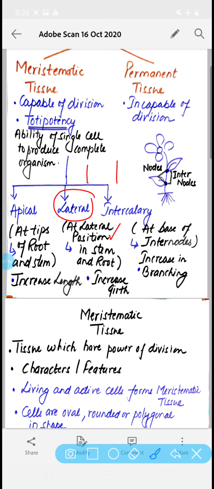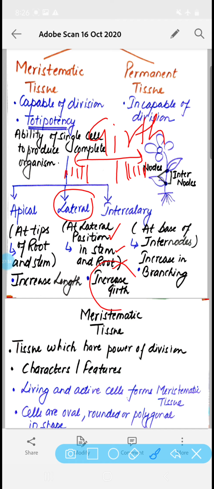Lateral means sides of stem and root. अब साइड में प्रेजेंट है तो ये अपने सेल्स को इस तरह से डिवाइड करेगा. तो ये क्या कर रहा है? इट इज़ इंक्रीज़िंग द विड्थ ऑफ द प्लांट, इट इज़ इंक्रीज़िंग द गर्थ ऑफ द प्लांट. ये प्लांट की चौड़ाई बढ़ाएगा. इज़ दैट क्लियर? सो दिस लेटरल टिश्यू इज़ रिस्पॉन्सिबल फॉर इंक्रीज़ इन द गर्थ.